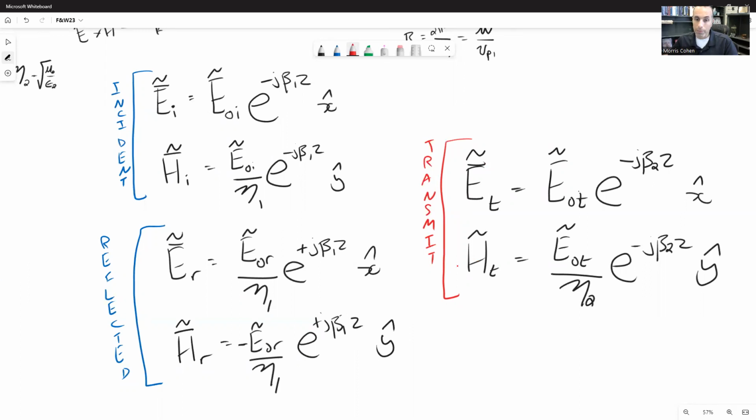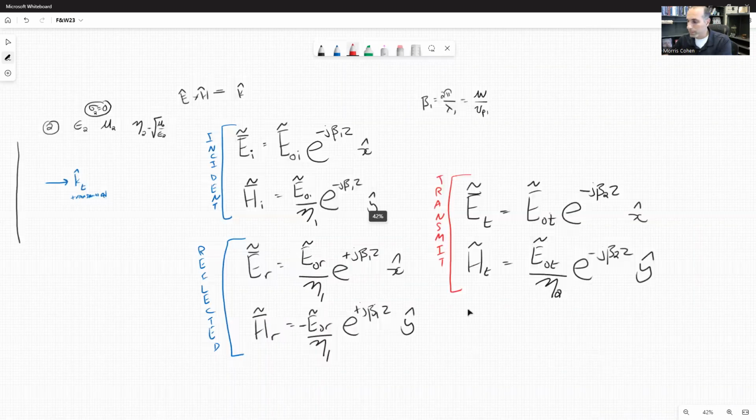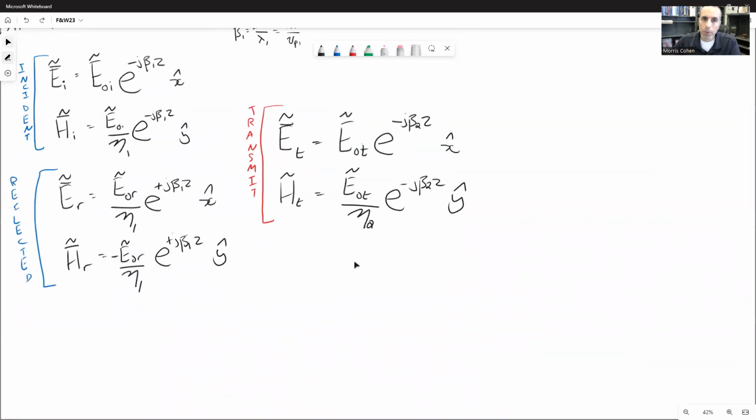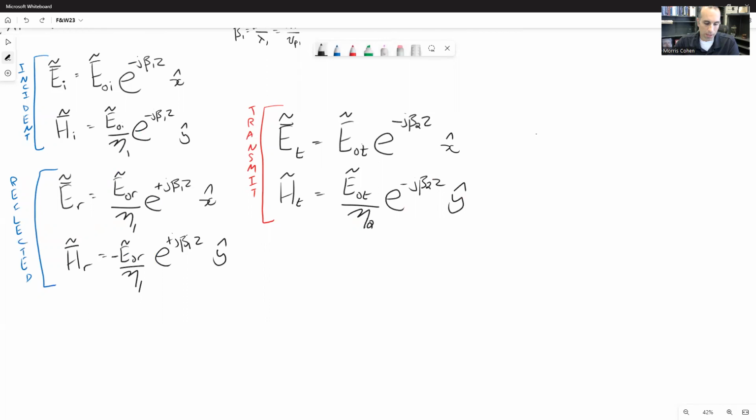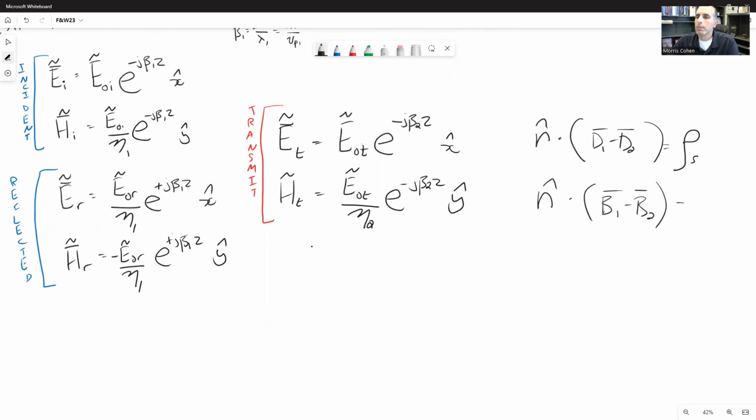But let's also write down our boundary conditions just so we can have access to everything. And we'll identify which ones we actually want to use in a second. n hat dotted with D1 minus D2 equals surface charge. n hat dotted with B1 minus B2 equals 0, right?